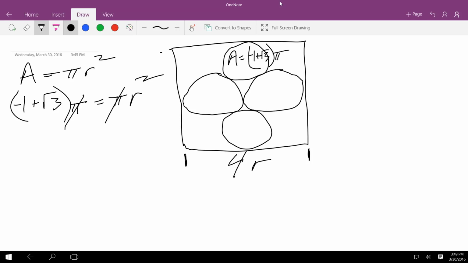Now, the difficulty is this distance right there. We certainly know that it's at least 4r, right? But what's the distance between this point and that point?